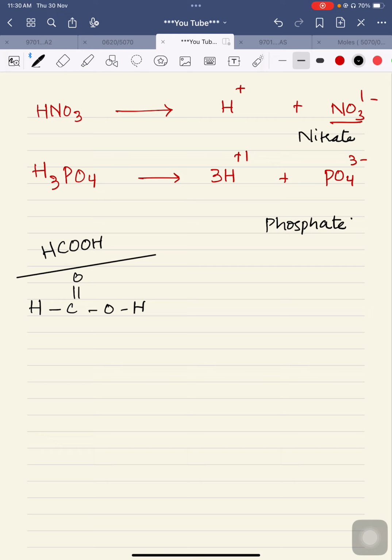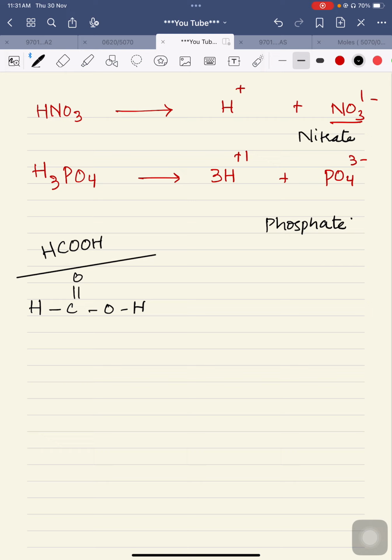But I would like to inform you that meth is a word representing organic compounds having one carbon atom. Here is one carbon atom in this compound, that's why it is called methanoic acid. One more thing is that all organic acids have names ending in oic: methanoic, ethanoic, propanoic, etc.